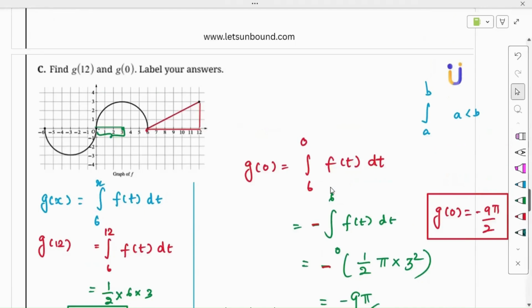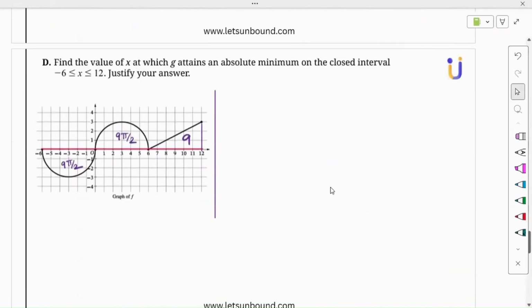Here we go for part D. Find the value of x at which g attains an absolute minimum. The g function attains an absolute minimum at what values of x on this particular closed interval. Justify your answer. Absolute minimum means you have to check the endpoints, and also any relative minimum in between.